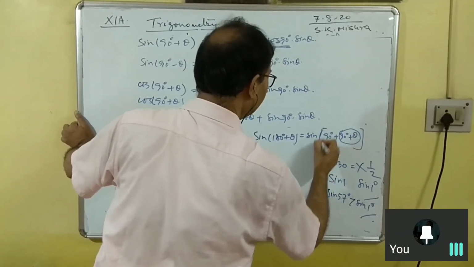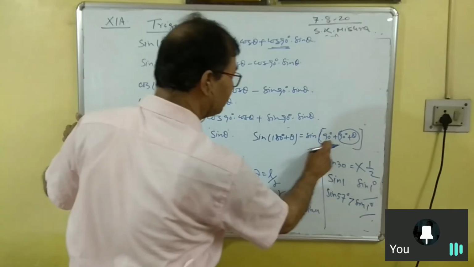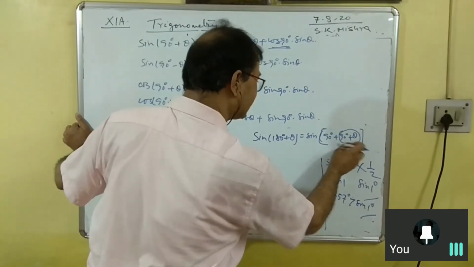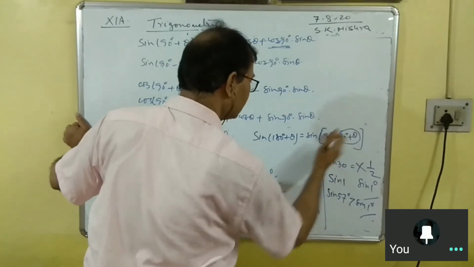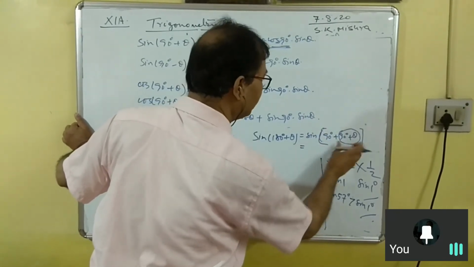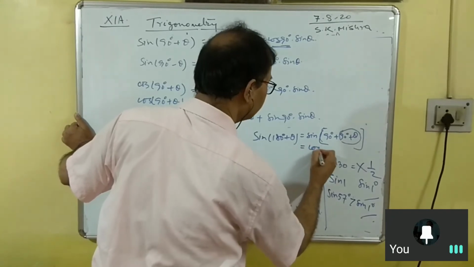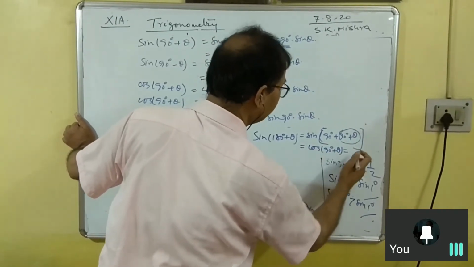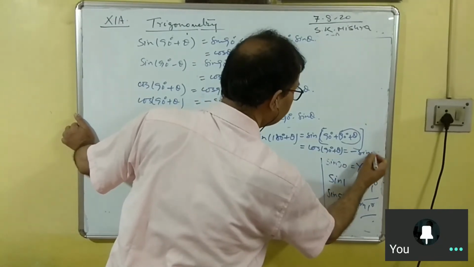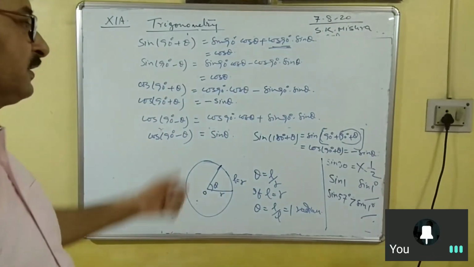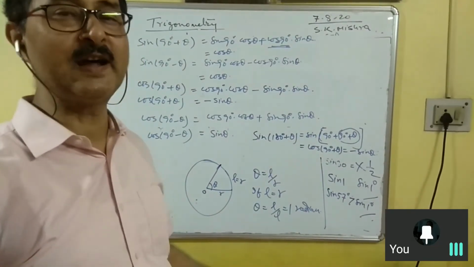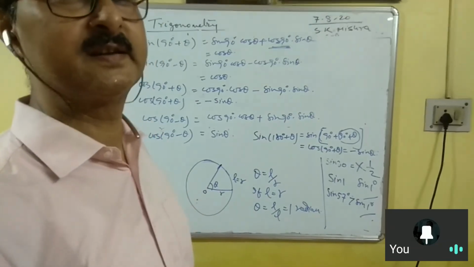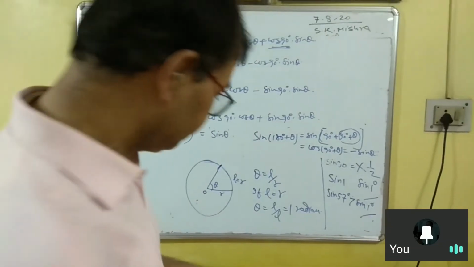You know sin 90 plus theta is cos theta, and cos 90 plus theta is minus sin theta. So this way you can find 180 plus theta also. Similarly 270 plus theta, similarly 360 plus.